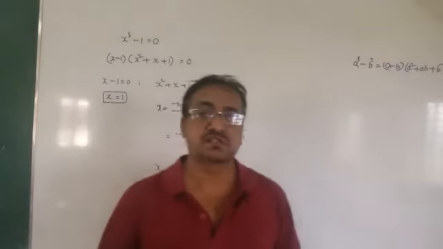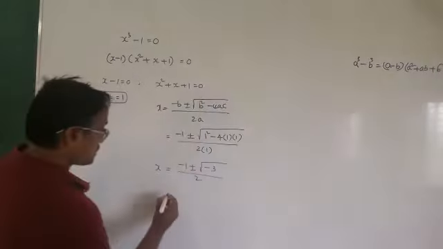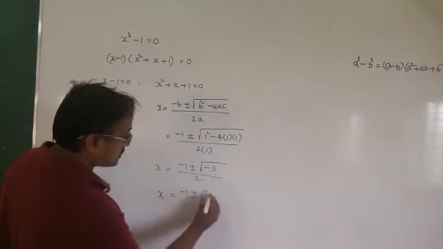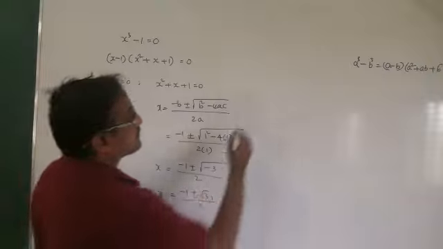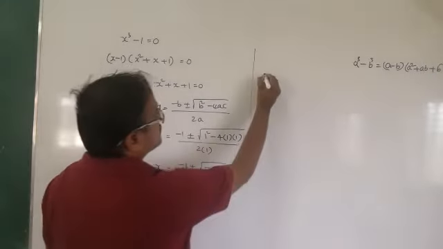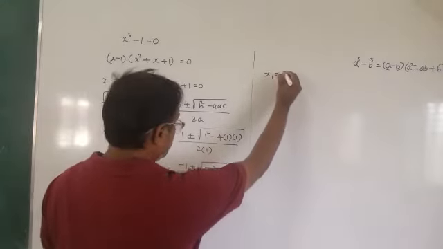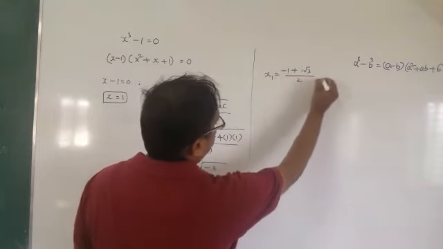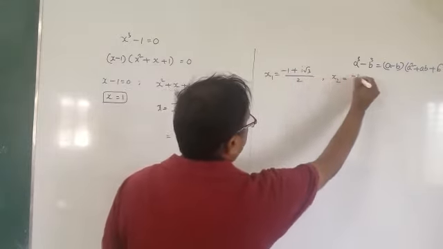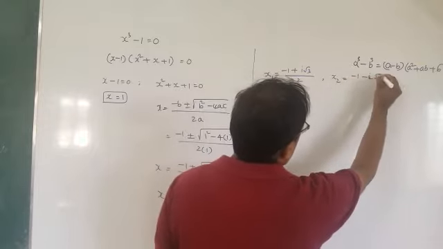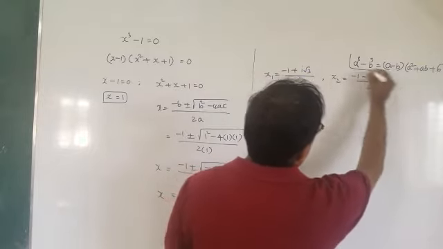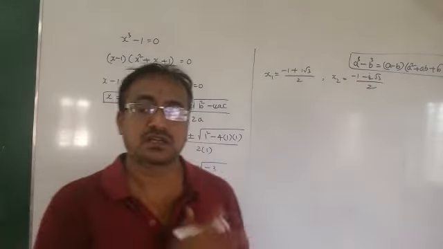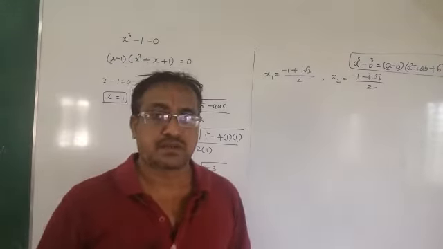Now you have i square is equal to minus 1, so x is equal to minus 1 plus or minus root 3i by 2. Therefore, the roots are x1 is equal to minus 1 plus i root 3 by 2 and x2 is equal to minus 1 minus i root 3 by 2. So these are the remaining 2 roots of that cubic equation.